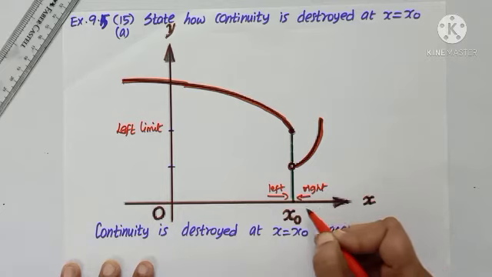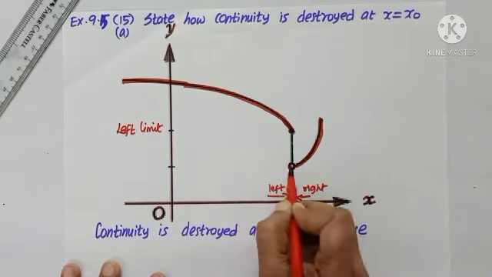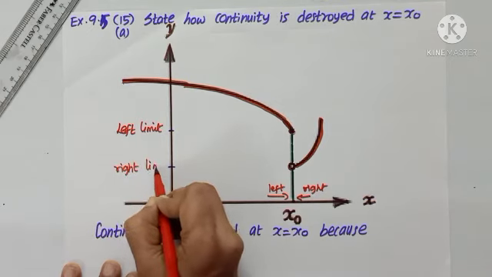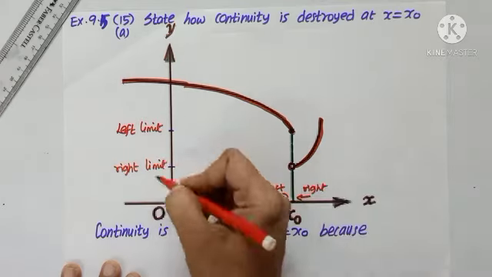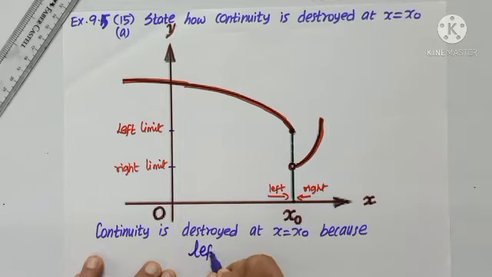As x approaches x naught from the right, here we have the limit. So the corresponding value I call right limit. So the left and right limit are not equal. So continuity is destroyed at x is equal to x naught because the left limit is not equal to the right limit.